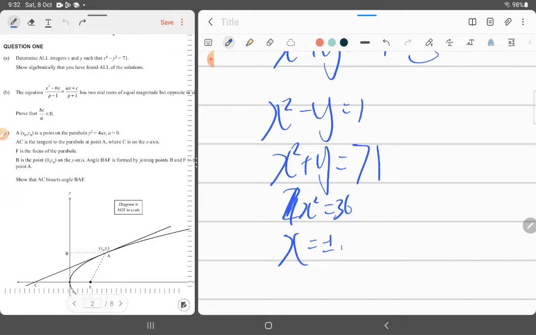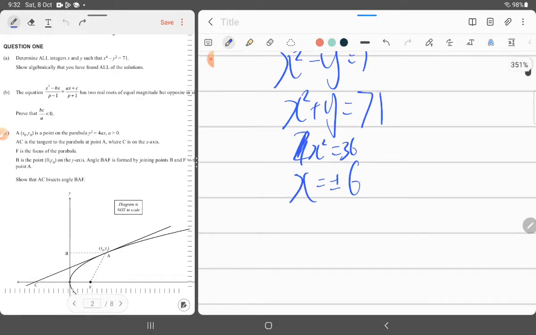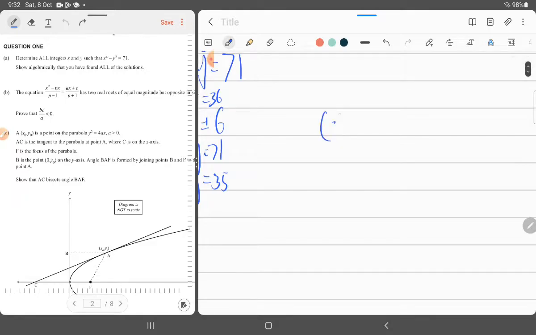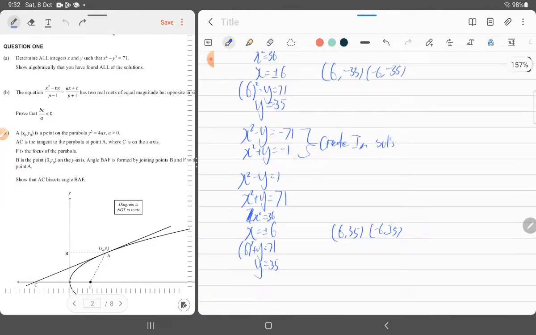X equals plus minus 6. Yeah, actually this does matter, since if we plug in, 6 squared plus y equals 71, y is equal to 35, so it's 6, 35, and negative 6, 35, and so yeah, these 4 are the solutions. These 4 are the integer solutions.